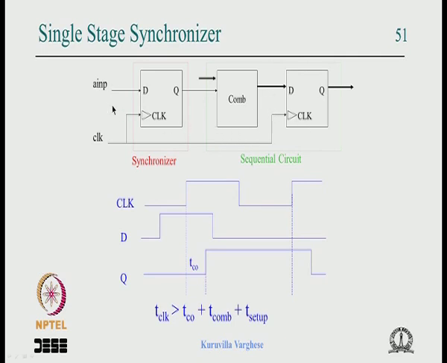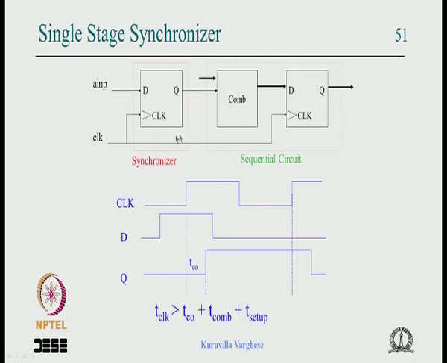So we assume that definitely the analog input cannot be a very narrow pulse. It has to be at least one clock period in duration, so that even if it misses one edge, it is caught in the next, okay. And we know that because we have put a flip flop here, it has to be there for at least one clock period, then only it can propagate through that. So there is a latency.